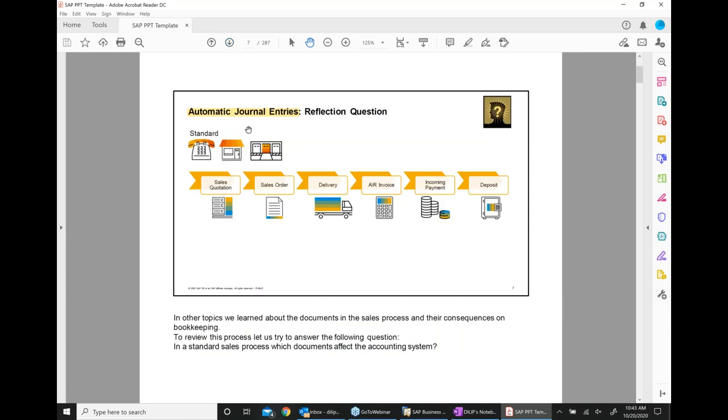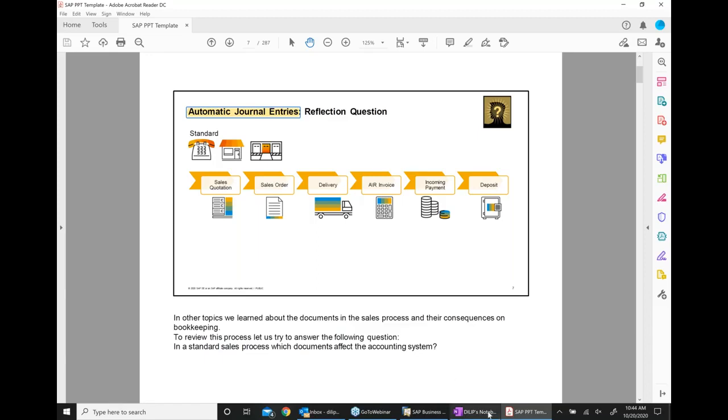Now, another thing which we discussed, if you make a note of this, automatic journal entries. We did that. This is the sales cycle. We did this sales cycle in which we create a sales quotation, a sales order, a delivery, an AR invoice, incoming payments, etc.